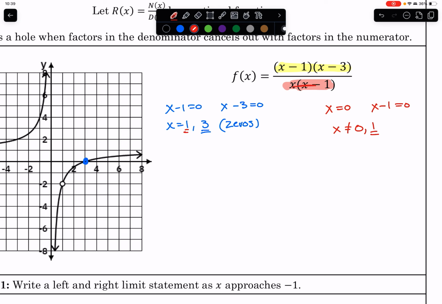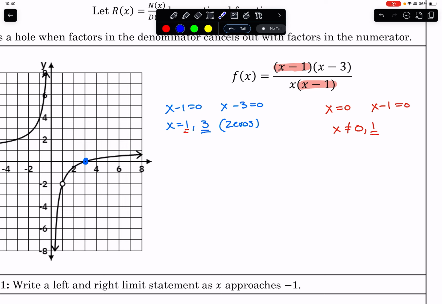So when that occurs, this is what's happening in today's lesson. Anytime we have a factor that is common with the numerator, like x minus 1 and x minus 1, at those locations, we have neither a vertical asymptote nor an x-intercept. Okay, we have neither of those two things.